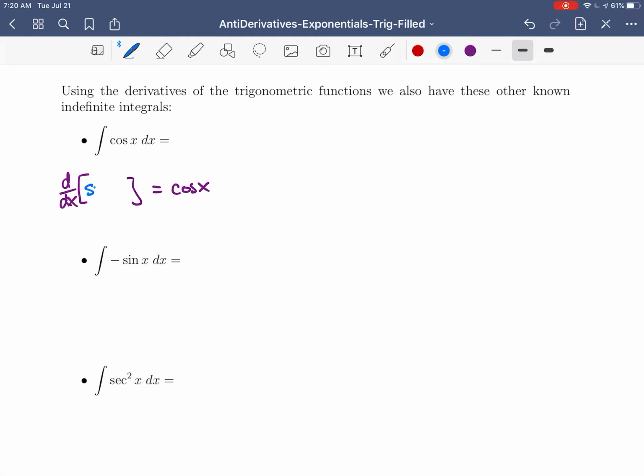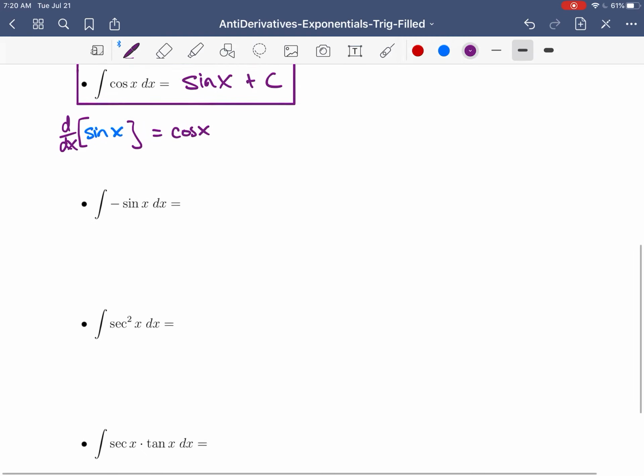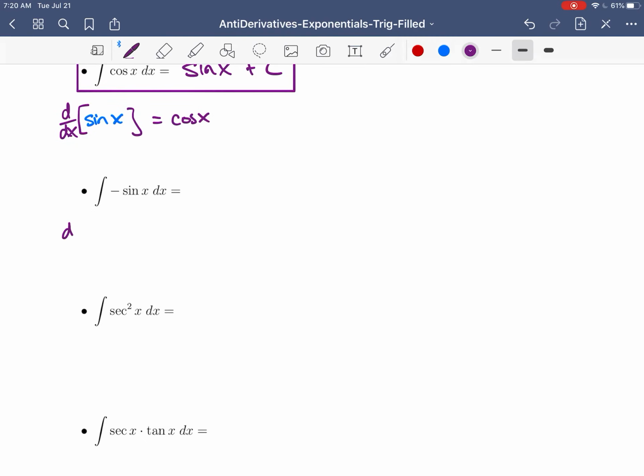We know that the derivative of sine x is cos x, so this is going to be sine x plus c. Now if we want the derivative of something to equal negative sine x, we know that cos x has derivative negative sine x. So this one is going to be cos x plus c.